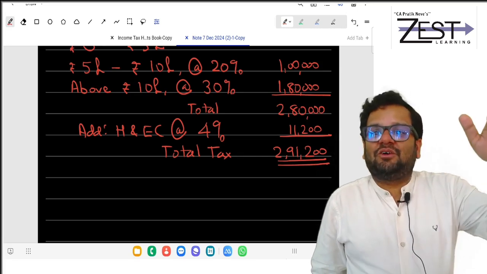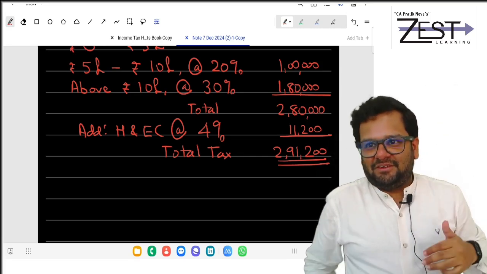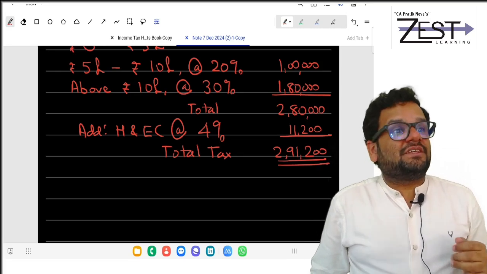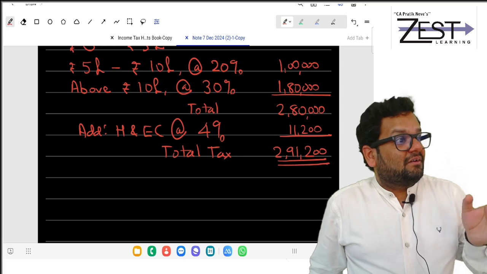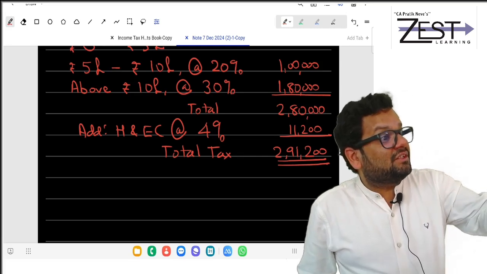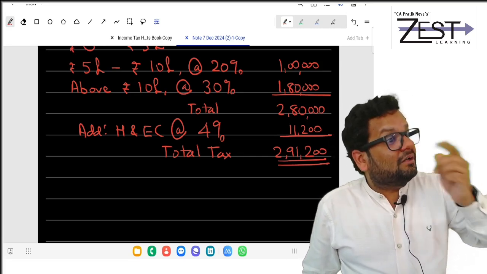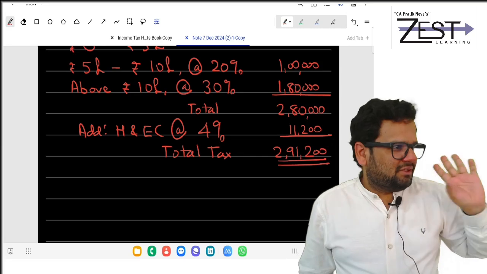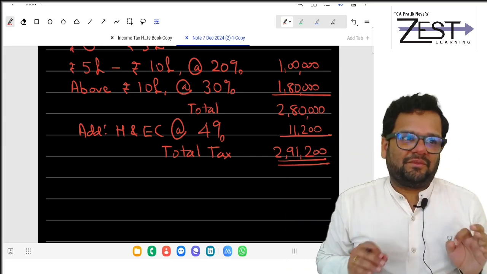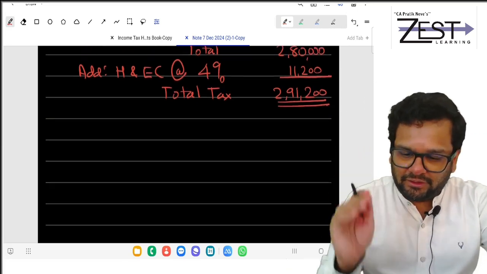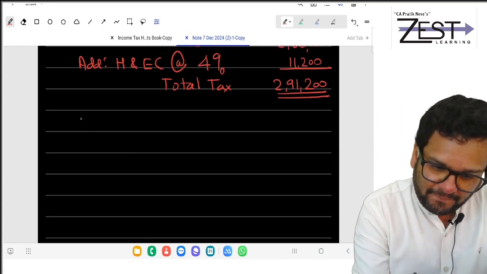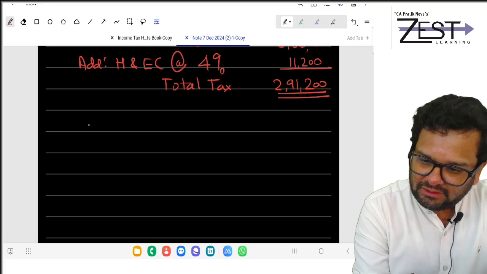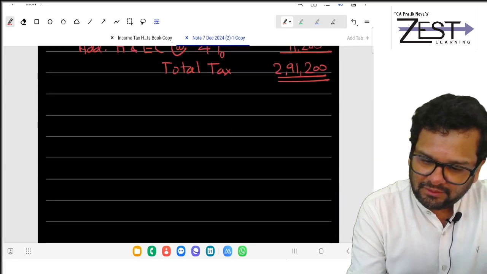In geometry, there is a concept of progression. Progression means it increases. Rate increases with increase in income. It is built in such a way. You want to see the proof? See the proof. You all are a learned audience.